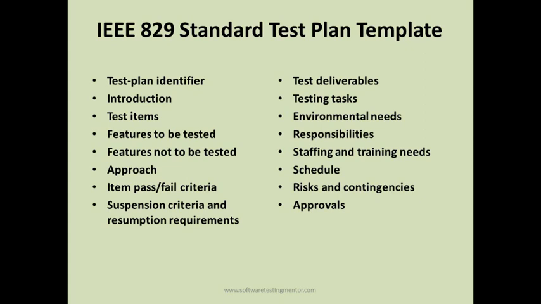So if you work in different IT organizations, you will find that there are different formats of test plan templates being used that suit best the organization's testing needs or high level testing strategy being defined by the organization.